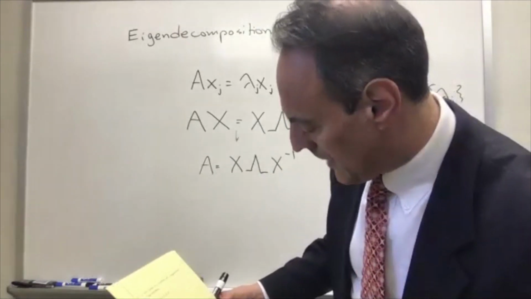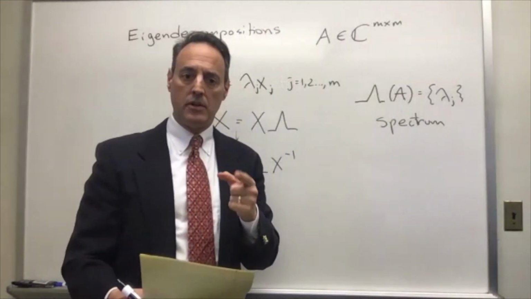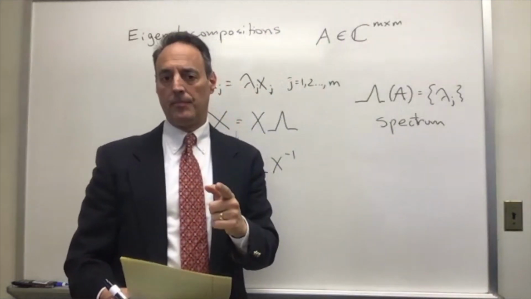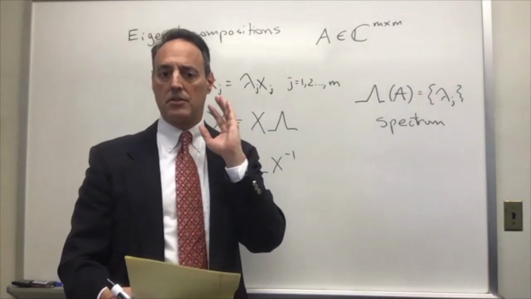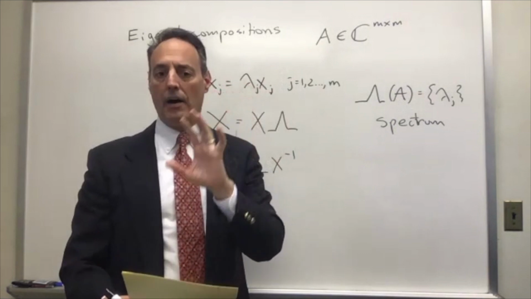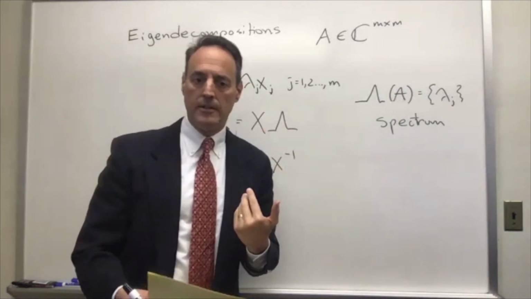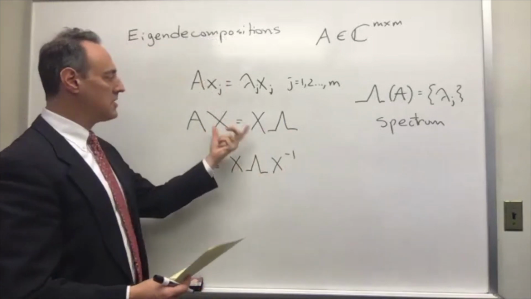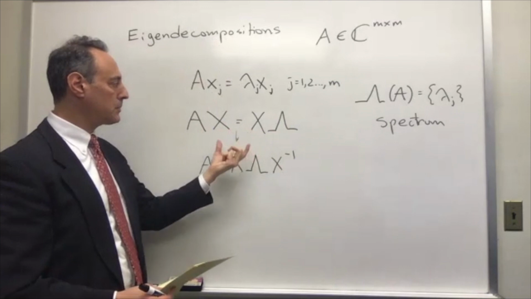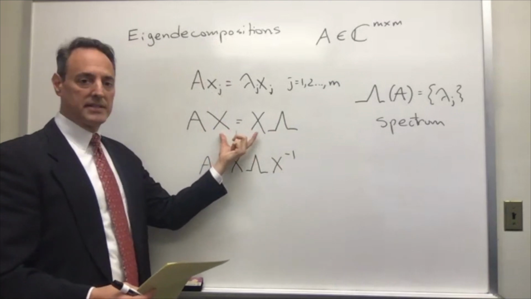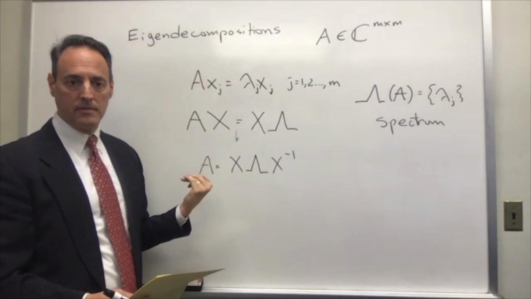By the way, I want to really quickly contrast this with the SVD. I've made this point before when we were talking about SVD because it's really important to see how SVD and eigen decompositions relate to each other. Notice in this decomposition here, AX equals X lambda, you are using the same basis x on both sides.